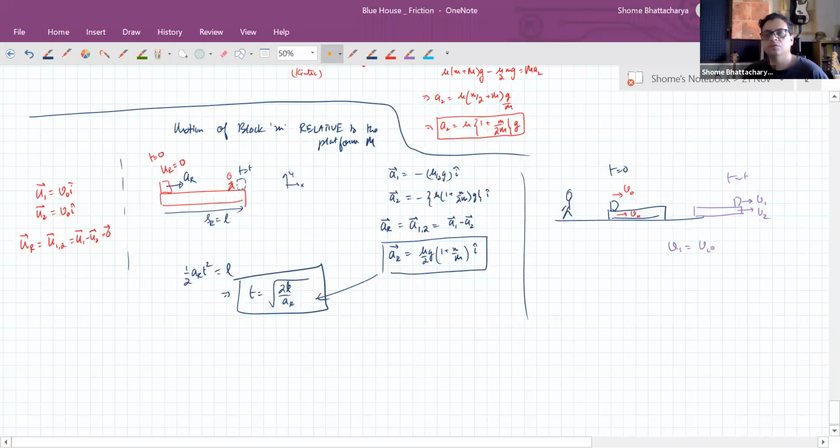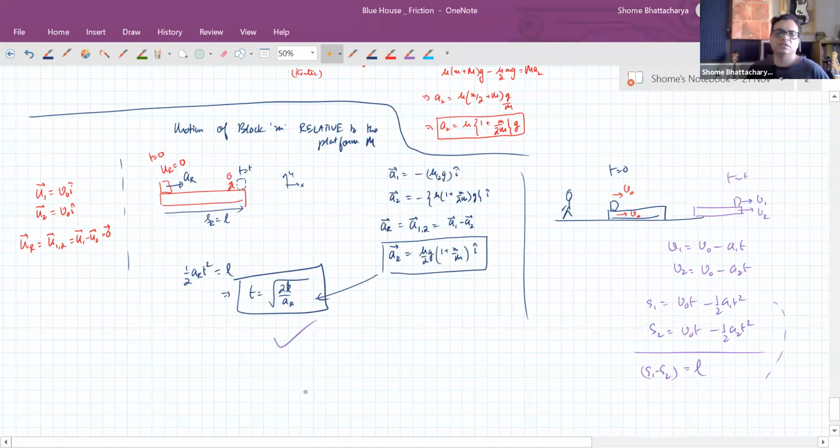So v1 will be equal to v naught minus a1t. v2 will be equal to v naught minus E2t, like that. And this block's displacement s1 will be equal to v naught t minus half a1 t square. This block's displacement will be equal to v naught t minus half E2 t square. Okay. And the relative displacement s1 minus s2 will be equal to the length. So that's another way you can solve it. But that will give you the same result as this.